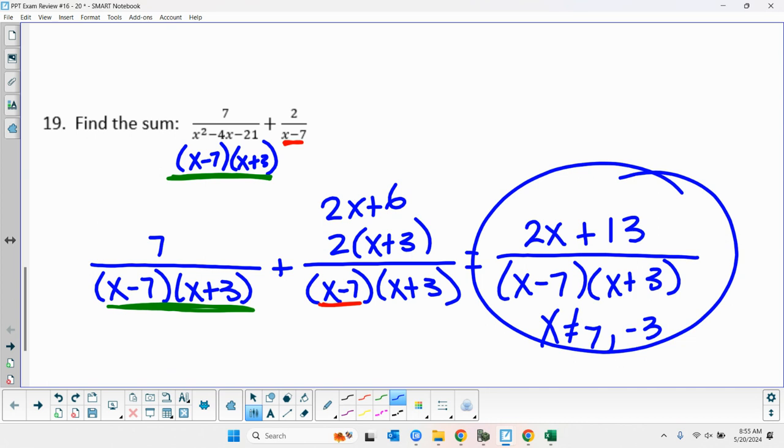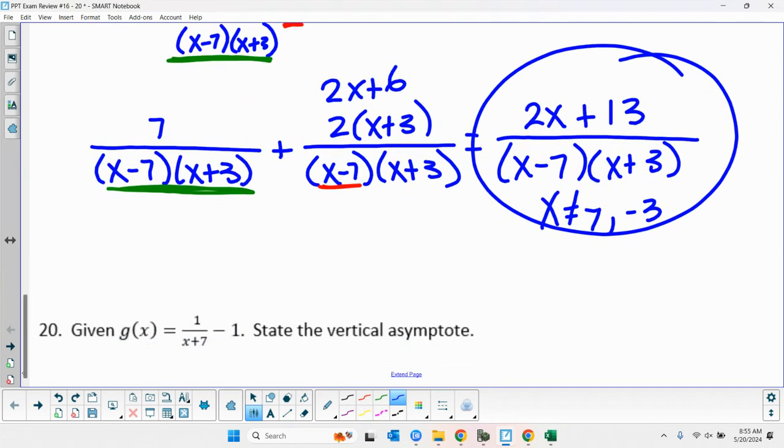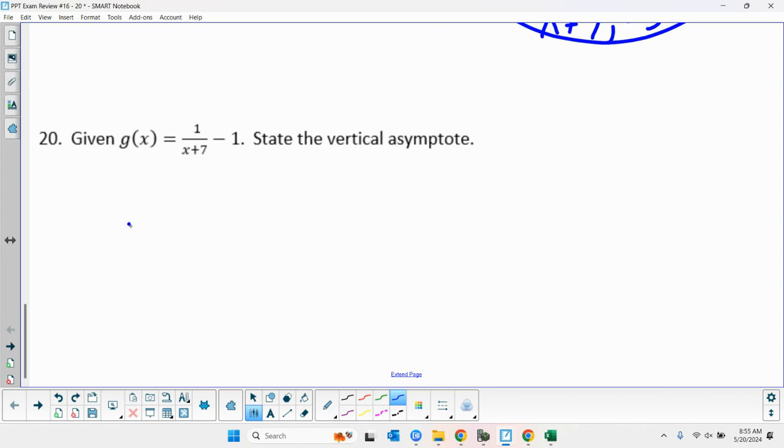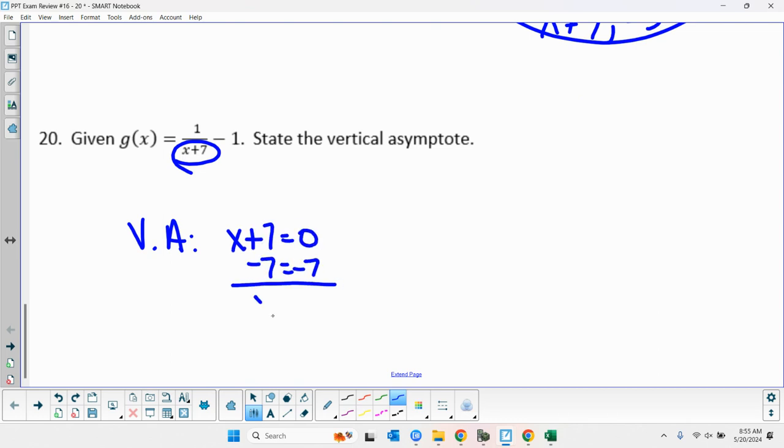Number 20. It's just looking for the vertical asymptote, VA, which is what makes the bottom 0. So x plus 7 equals 0. Most of you can look at it and tell me the vertical asymptote. You didn't have to graph it or anything else.